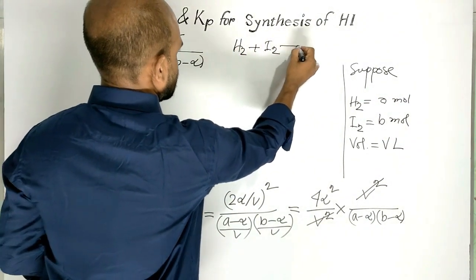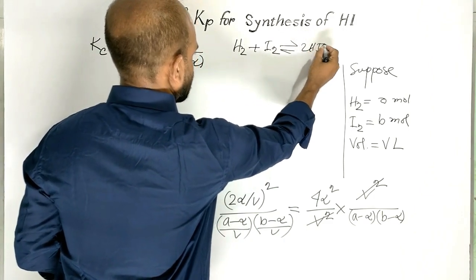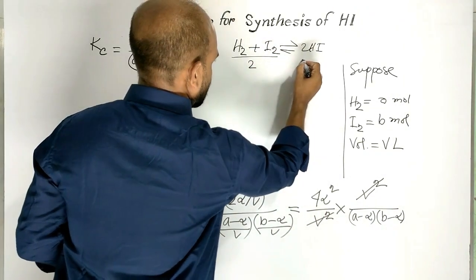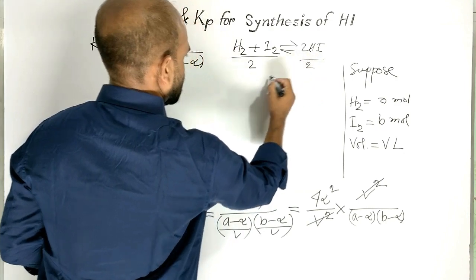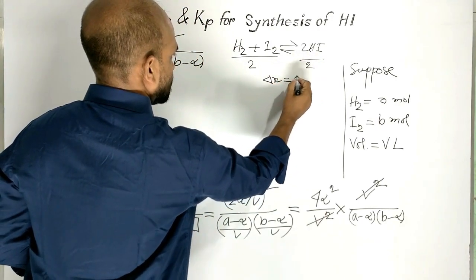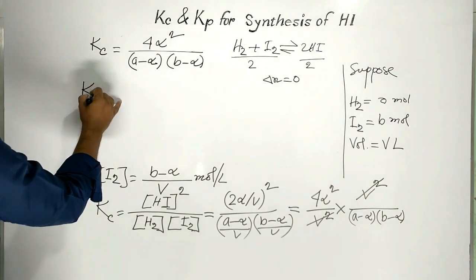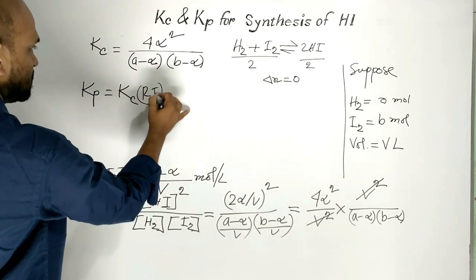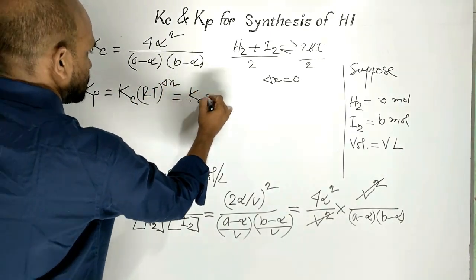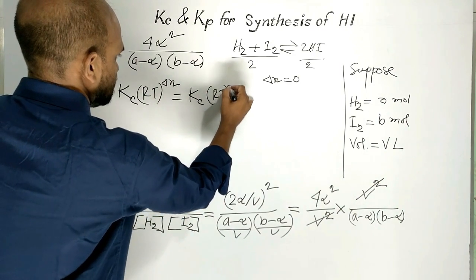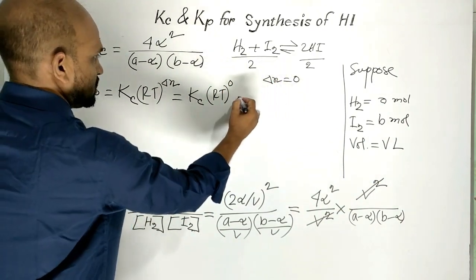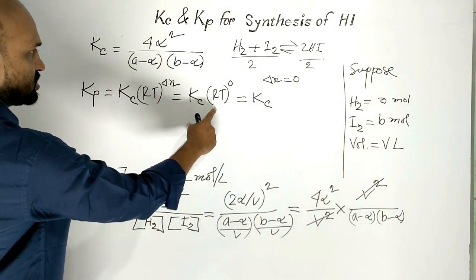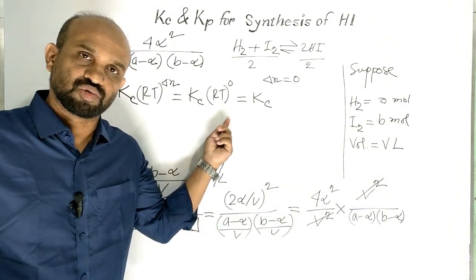In this reaction, hydrogen, iodine, 2 hydrogen iodide, the number of moles of reactants is 2 and the number of moles of product is 2. So delta N is equal to 0 here. We know Kp is equal to Kc RT to the power delta N, here RT to the power 0, which is equal to 1.